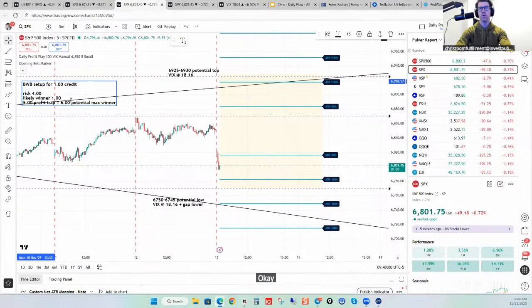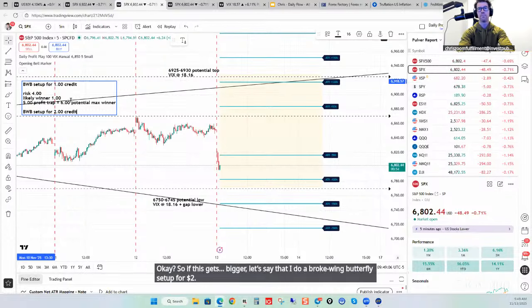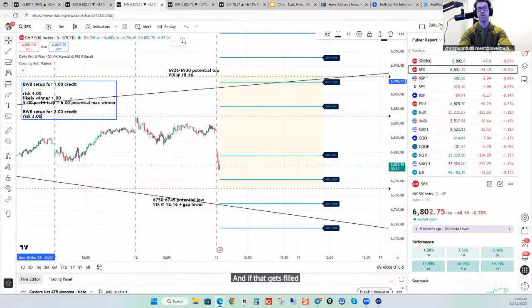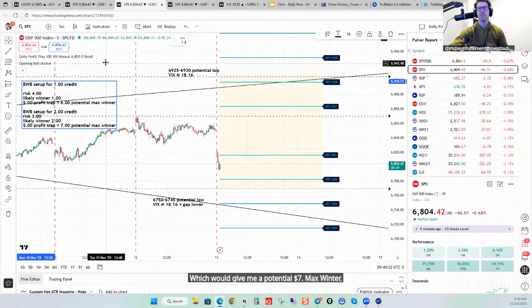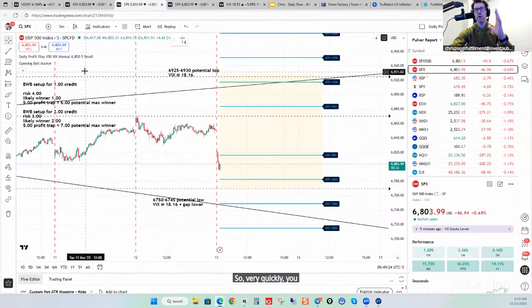Okay, so if this gets bigger, let's say that I do a broken wing butterfly setup for $2. And if that gets filled, that risk is now down to $3. The likely winner is $2, and the $5 profit trap would give me a potential $7 max winner. So very quickly you go from what has, like, a broken wing butterfly does have risk, right?